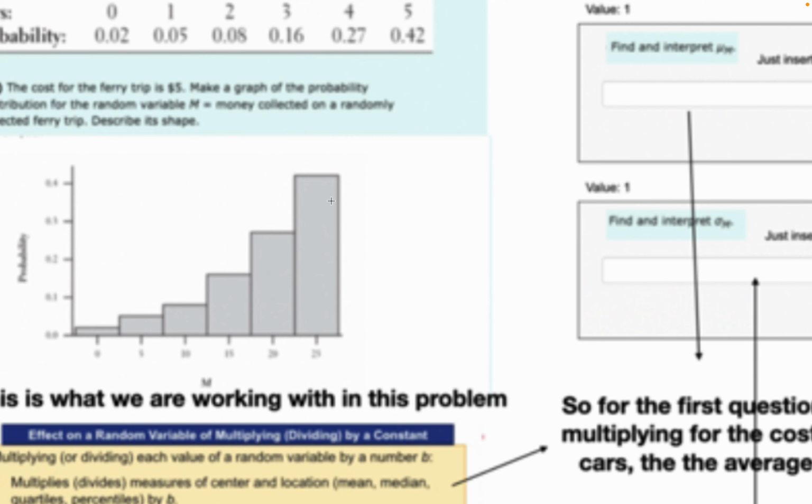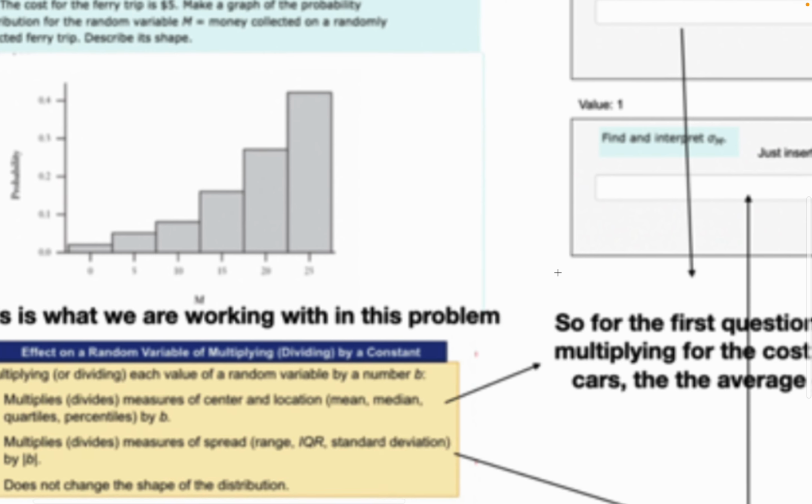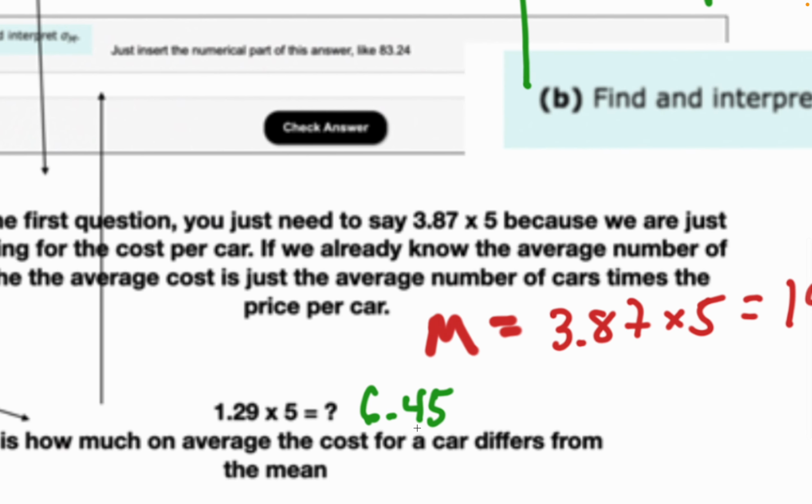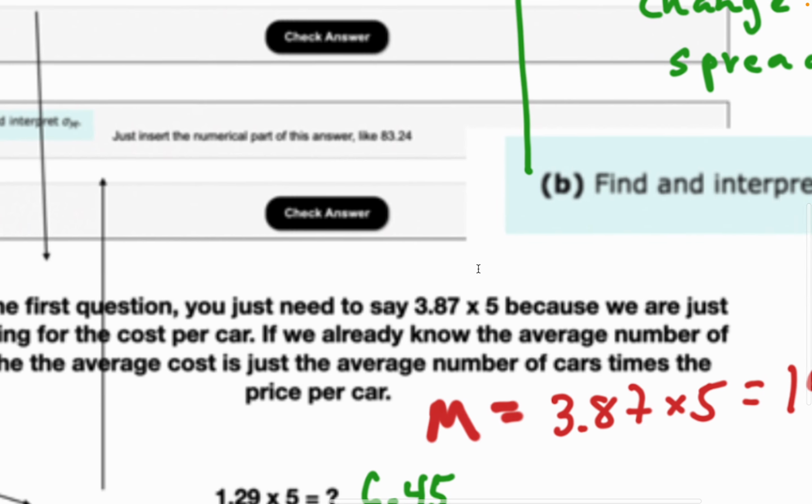But no, all we did was take this whole graph and shift it over 20 in the negative. We just said we don't have $5 because we have to deal with that minus 20. So the whole thing shifts. And this is why the standard deviation is still 6.45. It's just a shift left or right. The mean is going to change because we're shifting that whole distribution, but the standard deviation, the actual shape of the distribution, is going to stay the same.